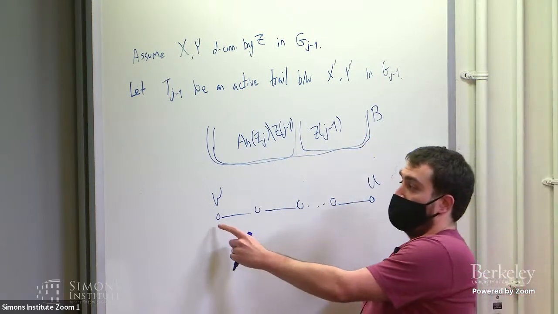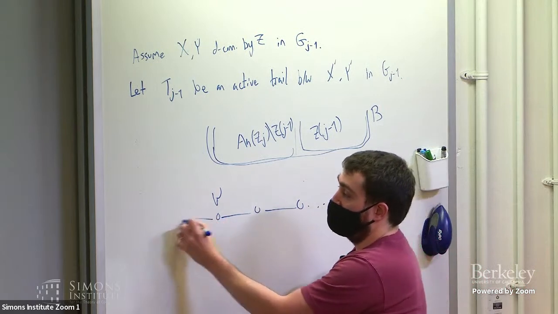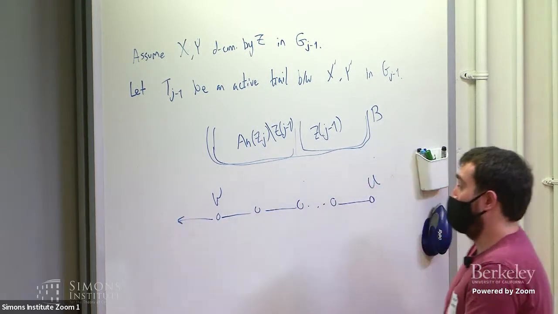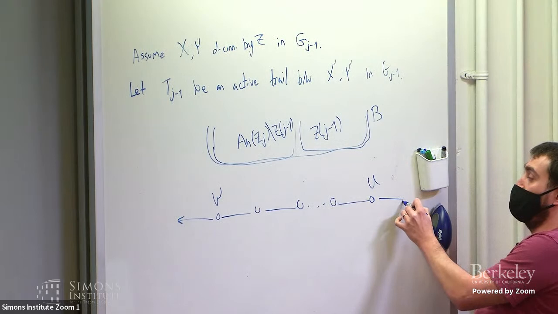So there are no edges entering the set, which means that we know that the trail must point out here and it must point out here.